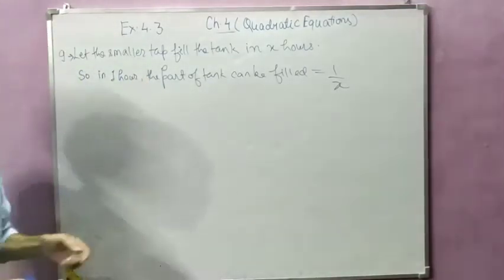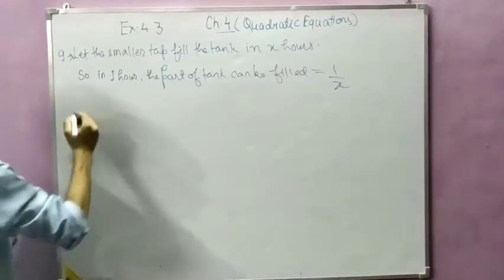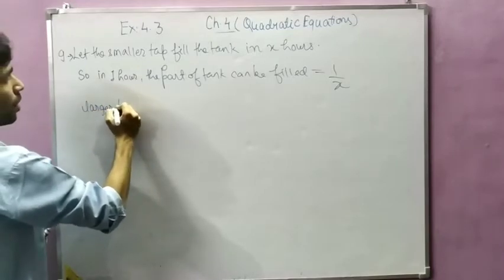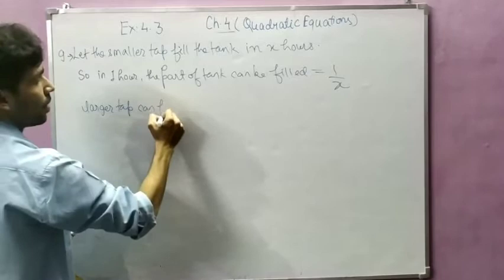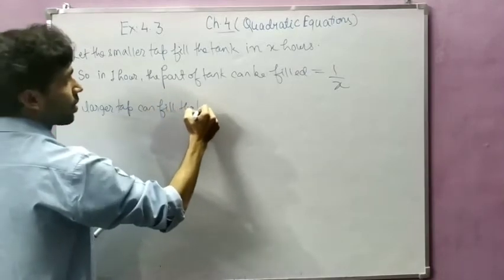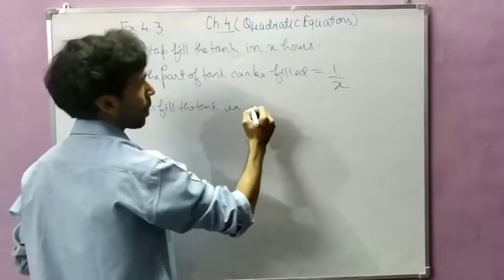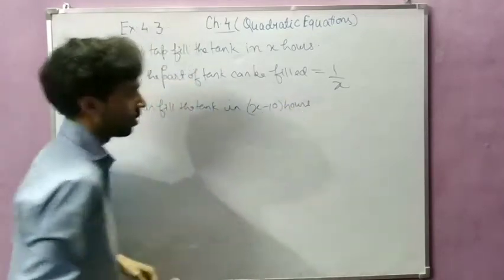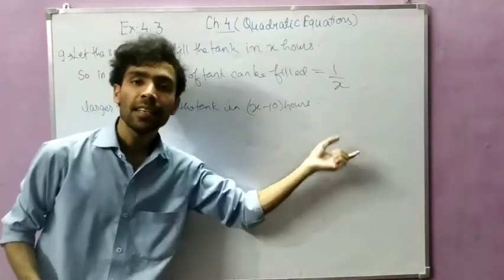Similarly, the larger tap takes 10 hours less than the smaller tap. So the larger tap can fill the tank in x minus 10 hours, because it takes 10 hours less. Okay, the larger tap can fill the tank in x minus 10 hours.